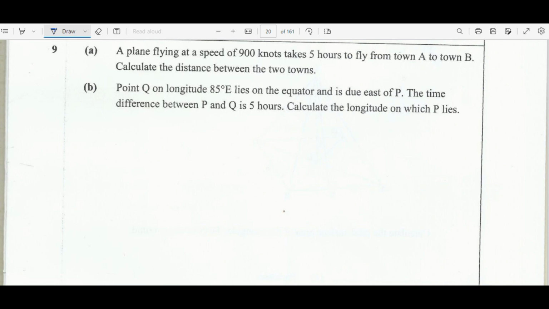So the first one is about finding the distance. A plane flying at a speed of 900 knots takes 5 hours to fly from town A to town B. Calculate the distance between the two towns. So the formula is speed is equal to distance divided by time.